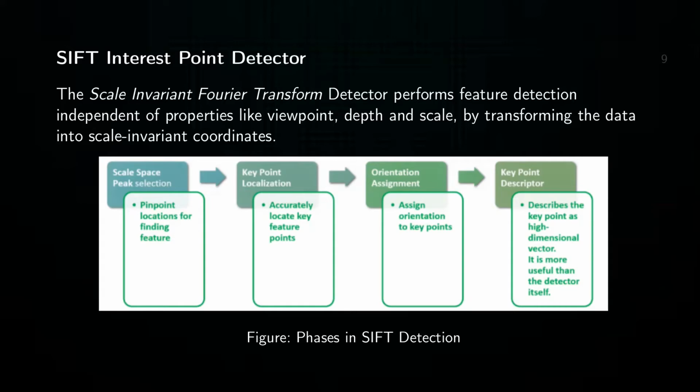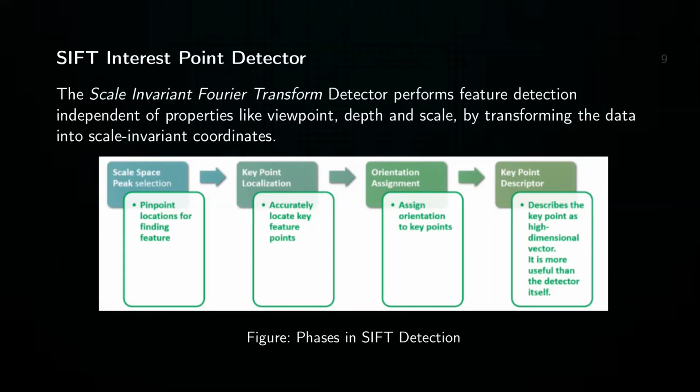Then there is orientation assignment. Here, every feature is defined by some rotation function by defining its orientation, so that these become rotation invariant when they're compared over different images or over different instances, right?